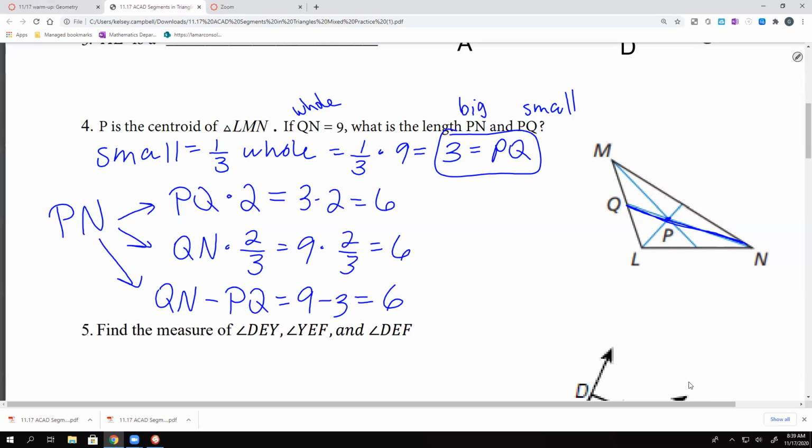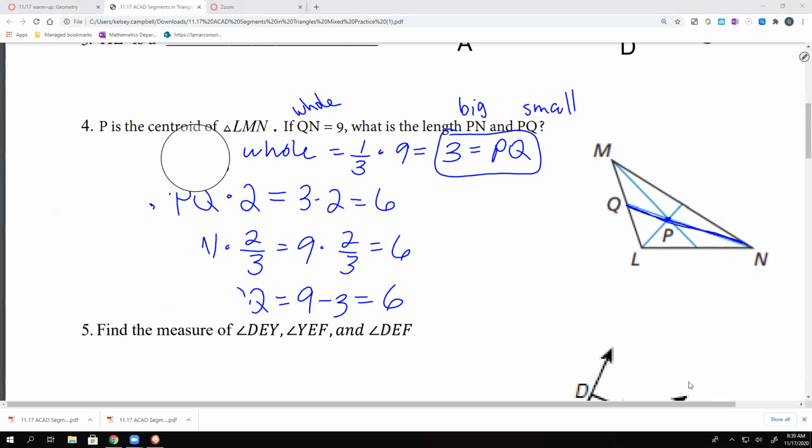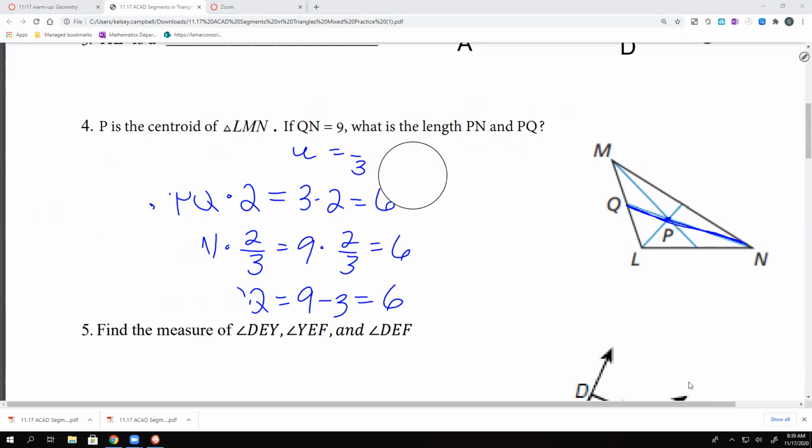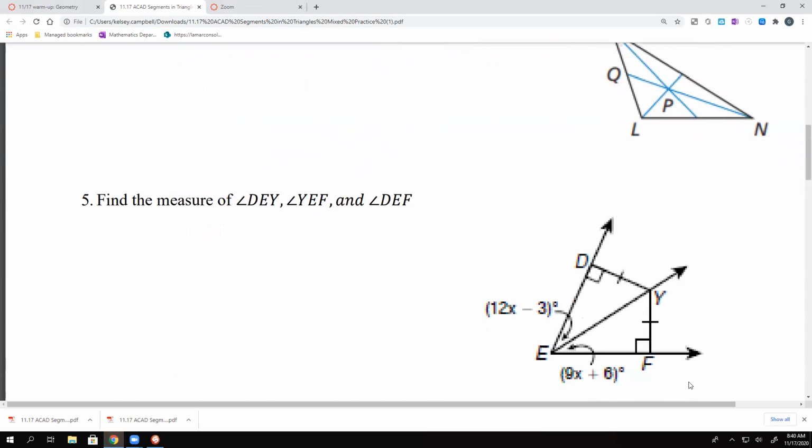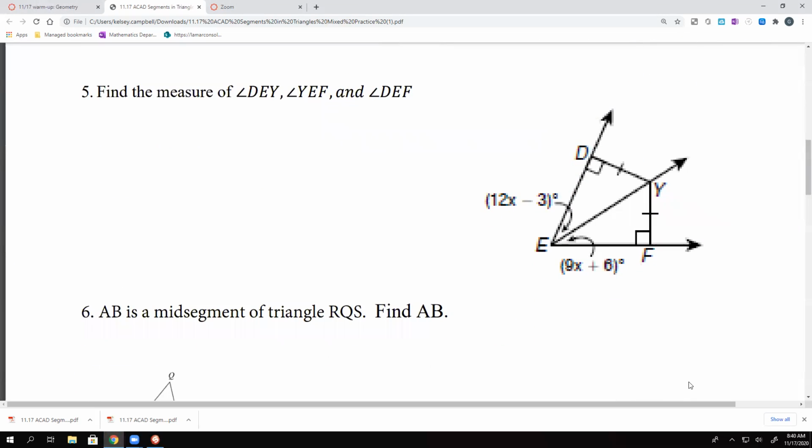This is the room number. Okay, so now let's go on to our next one. All right.